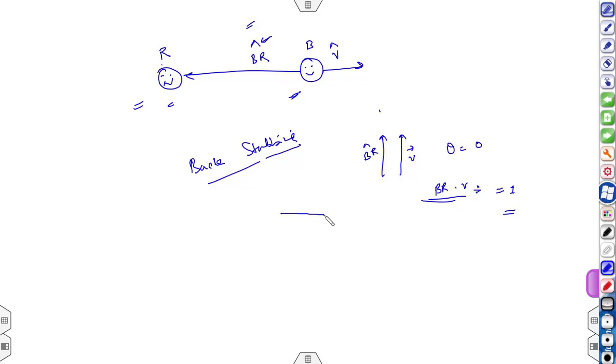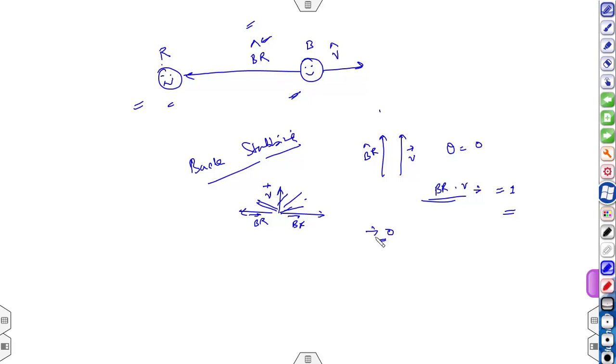Similarly, suppose this is BR and this is V, or BR may be in this direction. In any such case, the value of the dot product will be 0, or will move towards 0.